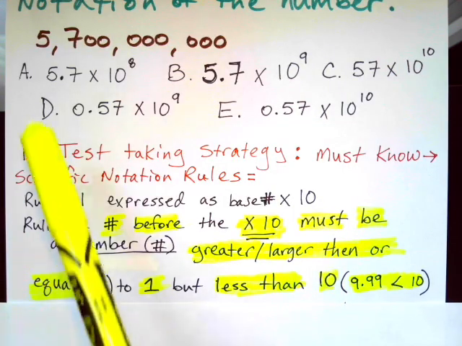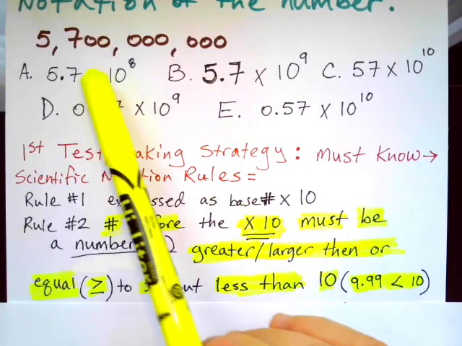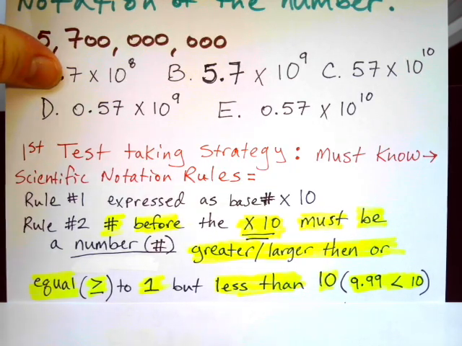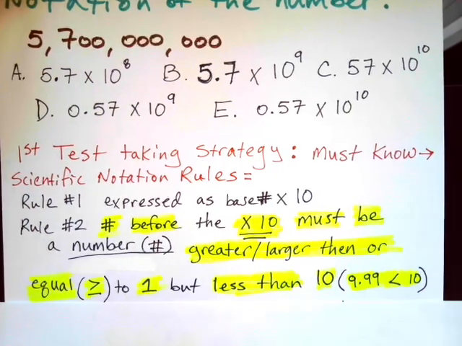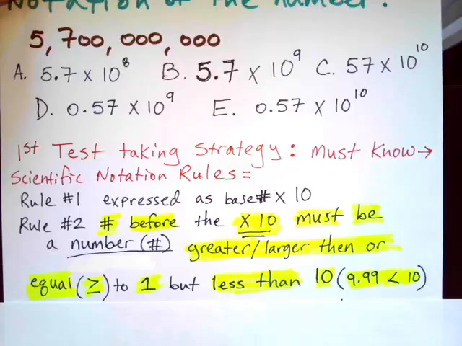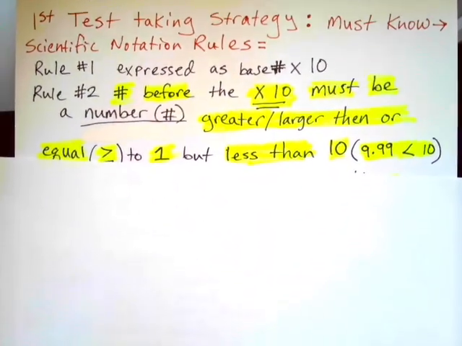Now listen, you have A and B. That's a 50% chance you can just guess this question correctly. That's what I mean by test taking strategies. Of course, I'm going to continue the rules in this video, and then in part 2, I'm going to show you examples and how to convert that 5.7 billion value into scientific notation.